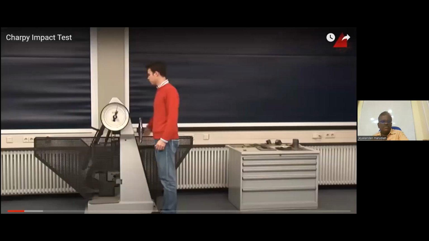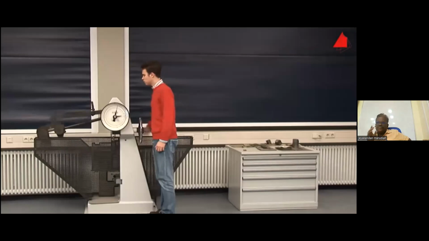A pendulum impact testing machine is used to do so. The pendulum of the machine has a heavy weight at the end.